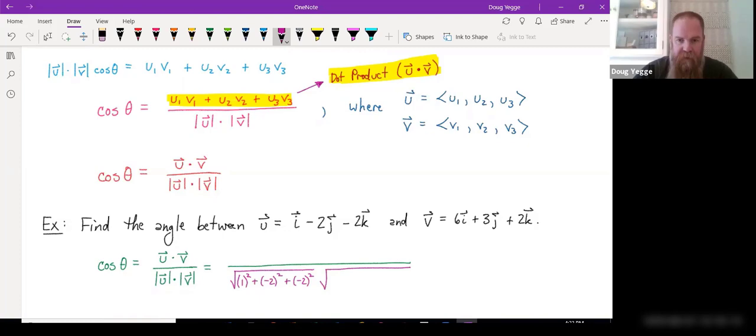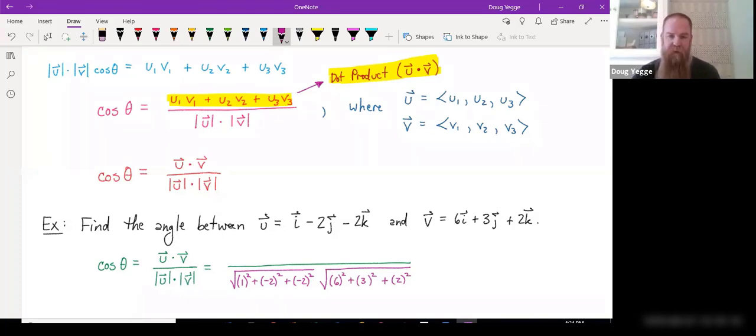And the magnitude of V is 6 squared plus 3 squared plus 2 squared. So that takes care of the denominator. That's the product of the two magnitudes.